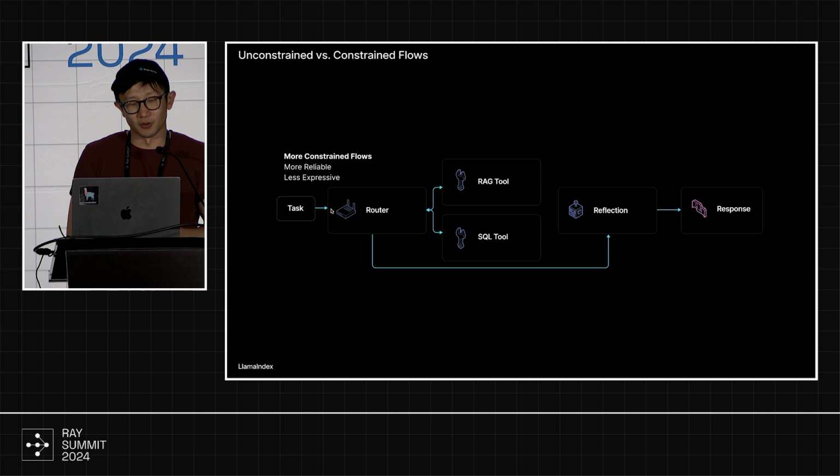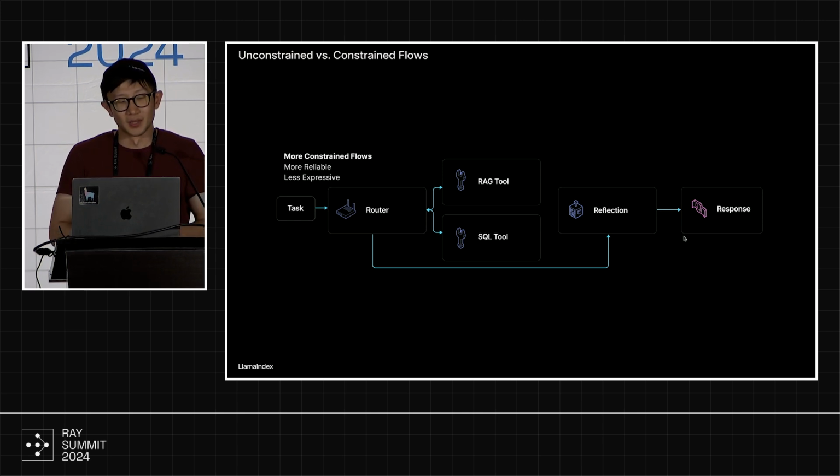So here, for instance, if you have a task and it goes to a single LLM call, like a router that just decides what's the downstream tool that I want to use, then it will just make that decision and call the tool. The tool is just some other program that executes. Maybe you add a reflection layer to then validate whether the results are correct, and you get back a response.